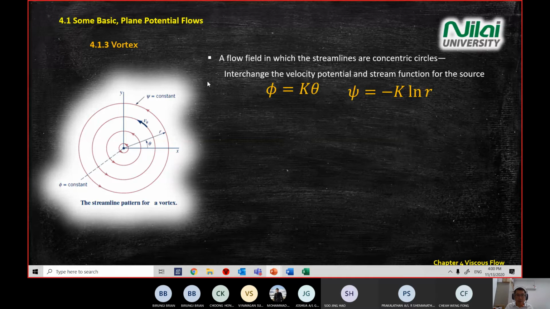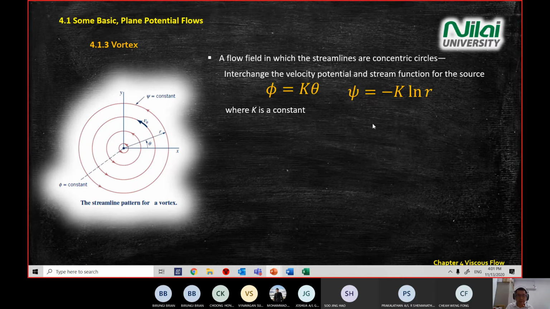Now to define a vortex, we use these two equations. Our velocity potential equals k theta, meaning our velocity potential is constant in this mathematical relationship.